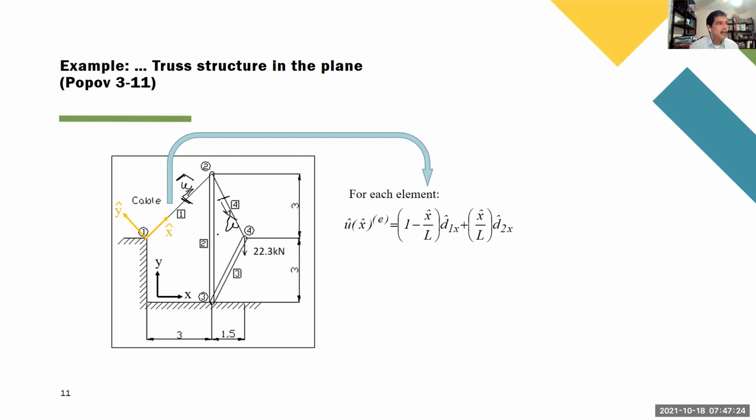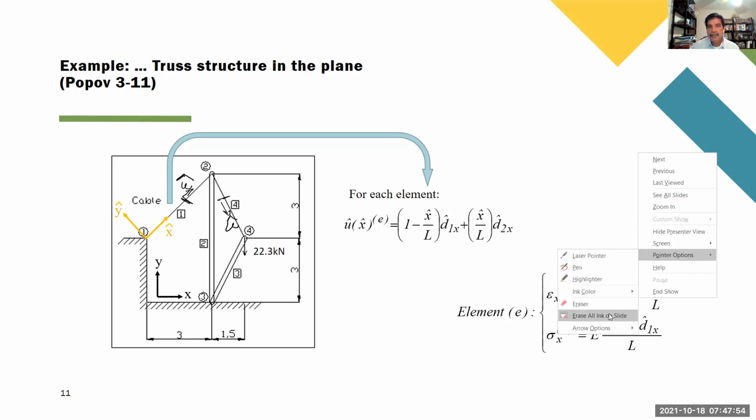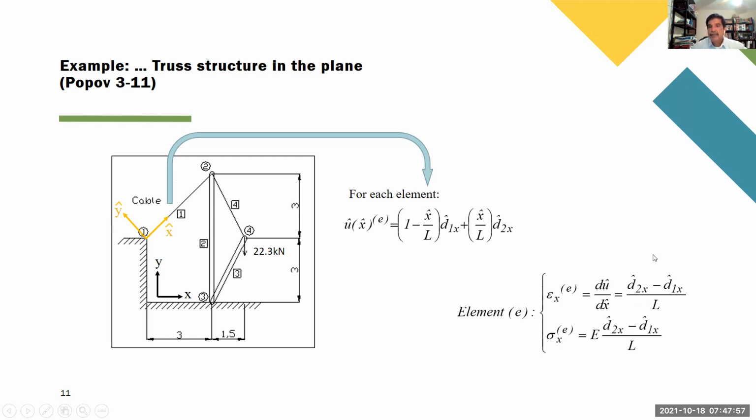For every element, we can draw how much this section moves in the x direction, and we assume that for every element, this variation along the x-axis is linear. So from each element, again, we can develop these calculations. The strain is going to be constant, and the stress is also going to be constant for every element.